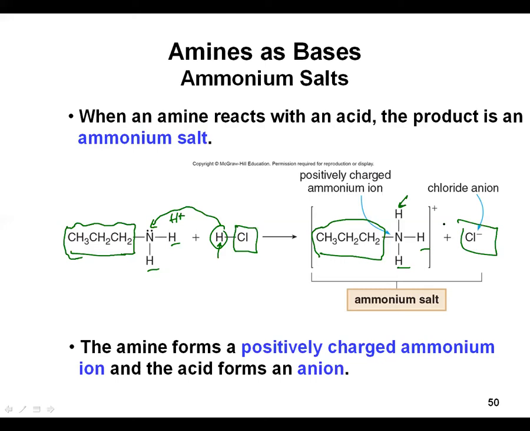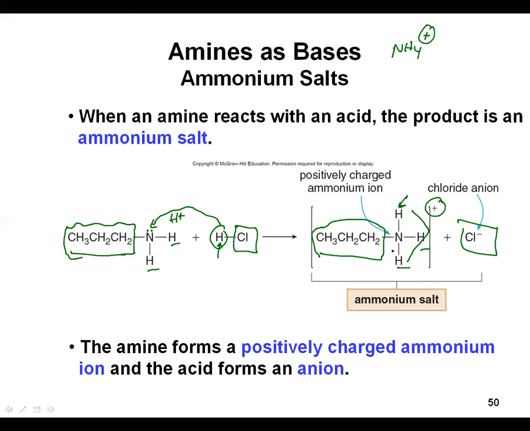When we do this, sometimes the product is what's known as an ammonium salt, because if you remember, ammonium is NH4 plus. So when this H plus comes over, it gets that plus, and it forms something that resembles NH4 plus, which is why it's known as an ammonium salt.